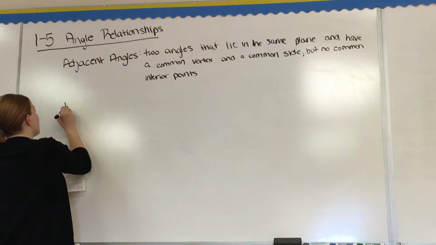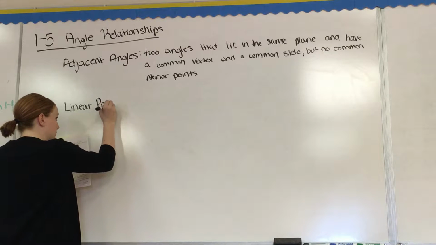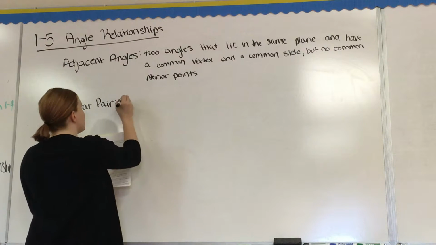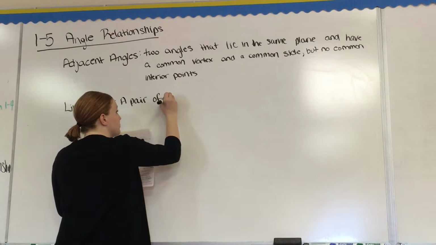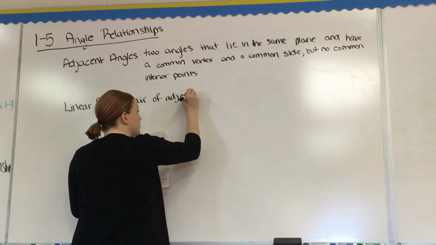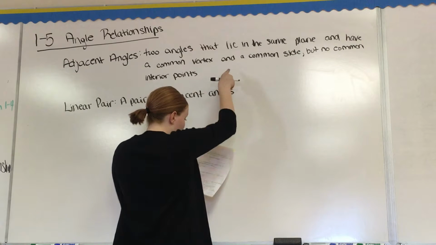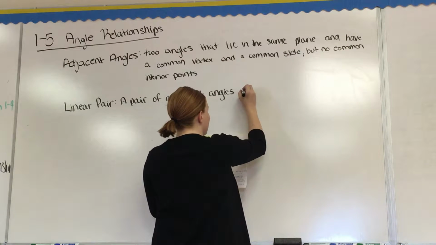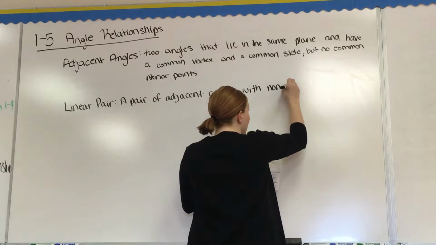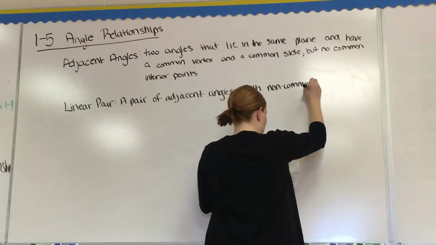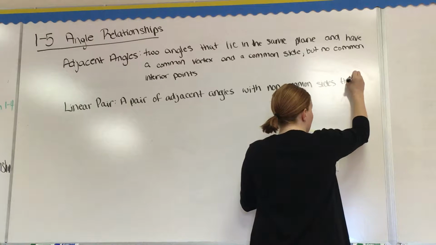So then our next one is a linear pair. So a linear pair is a pair of adjacent angles, as defined above, a pair of adjacent angles with non-common sides that are opposite rays.